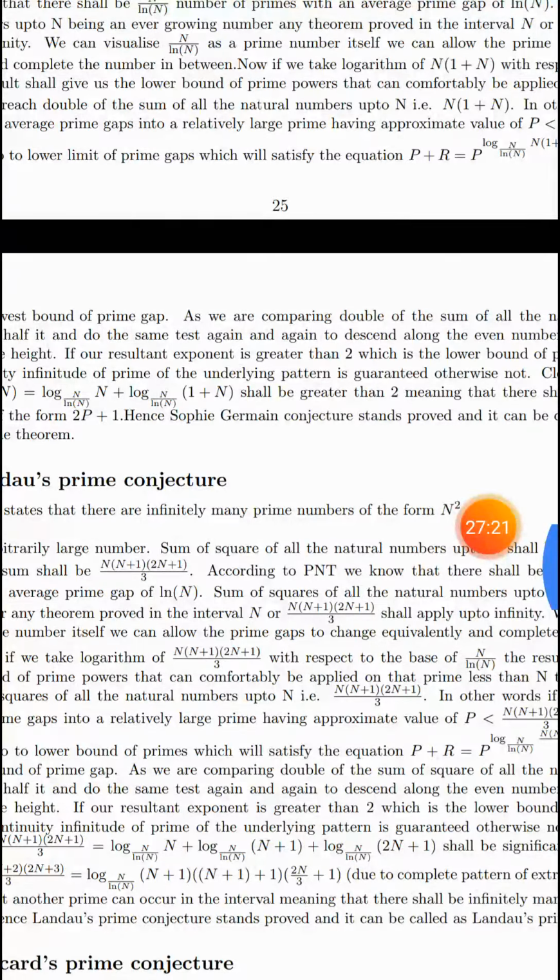Then we will be comparing the limit to this, and the result will give us the lower bound, which is always about 2 plus. Because our twin prime bound is 2, this form is also guaranteed.